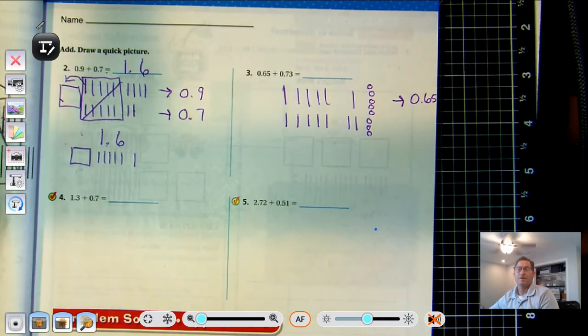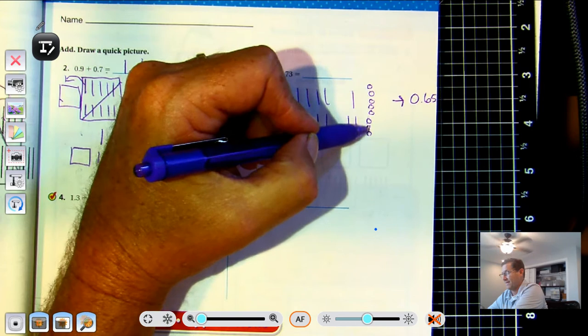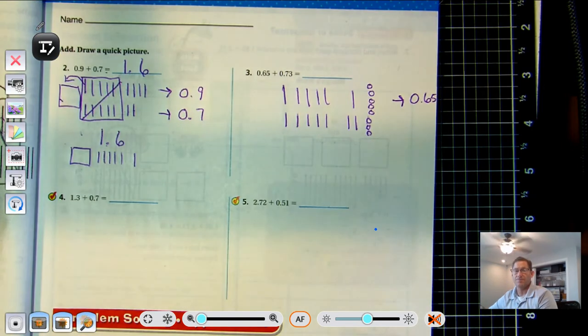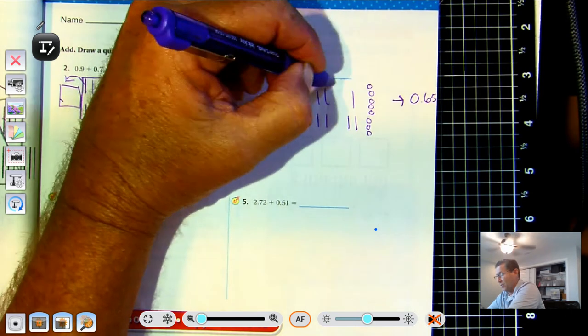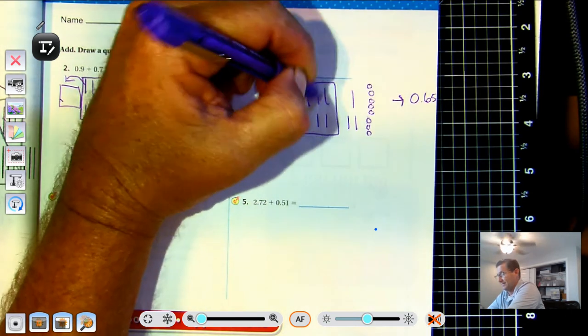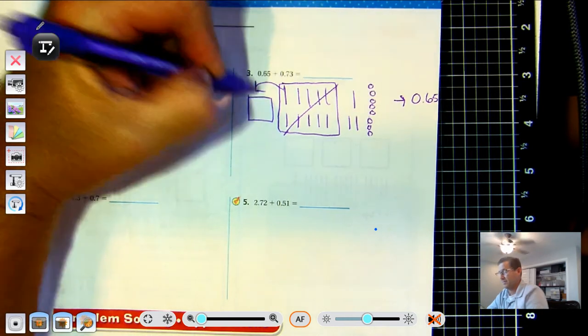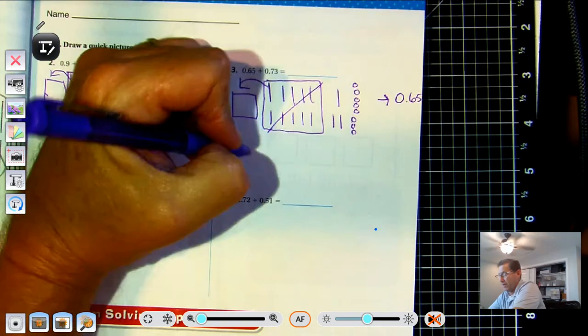All right, let's combine the hundredths first. 5, 6, 7, 8. 8 hundredths. Okay, so there's nothing to regroup. But I know I have to trade 10 of the tenths for 1 whole.